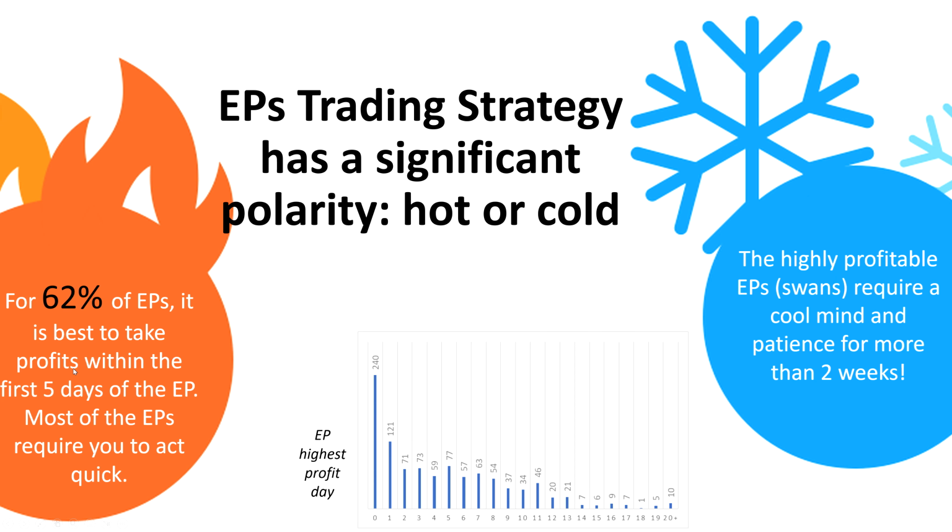And this is the hot area. So now I know that the first 5 days of the EPs could be hot, because one of those days will be the day when I need to go out, because this is where the highest profit is.